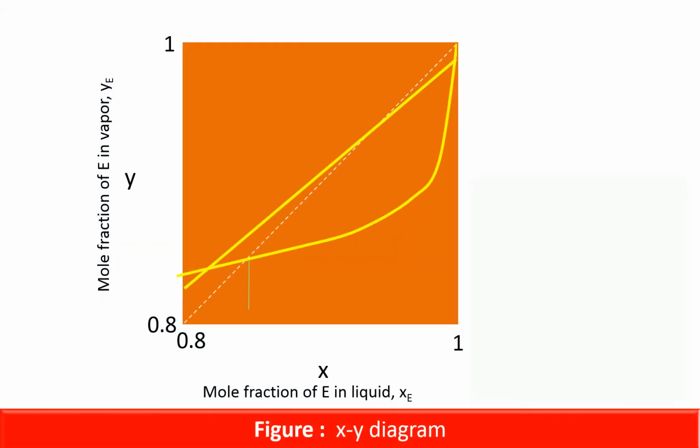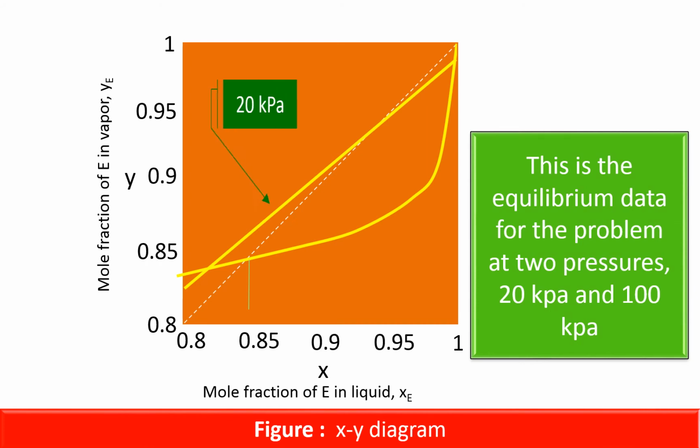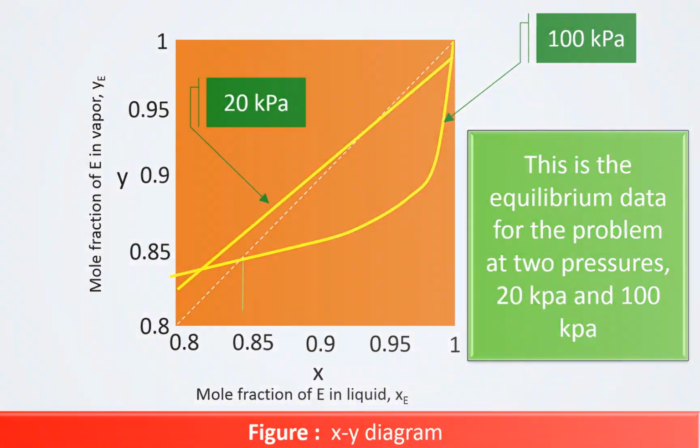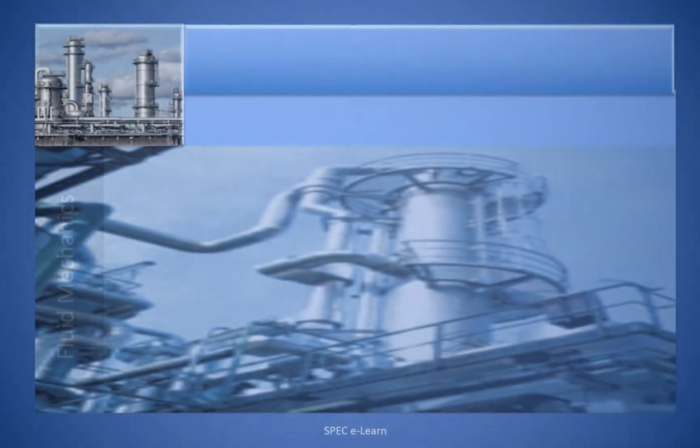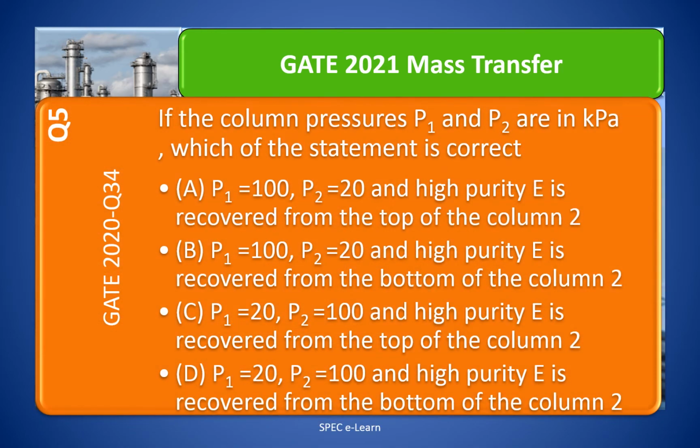This is the equilibrium data for the problem at two different pressures. If the column pressure P1 and P2 are in kPa, which of the statement is correct? Option A, P1 is 100, P2 is 20 and high purity E is recovered from the top of the column 2.